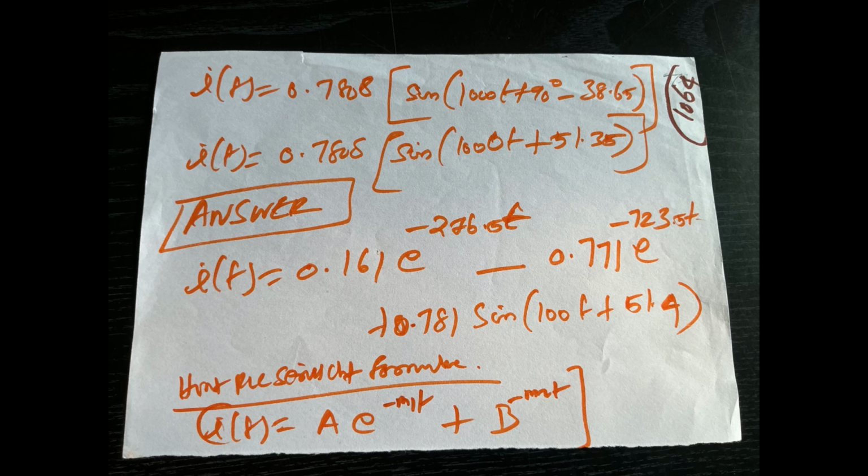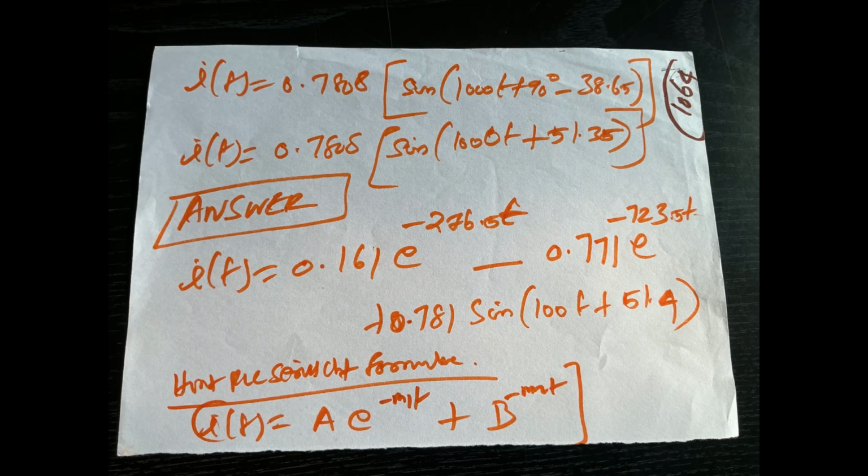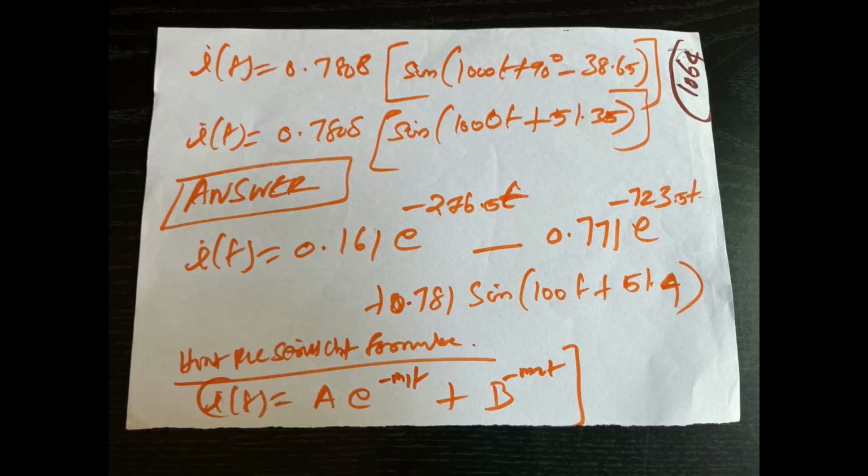Differentiate the above equation, that is, R i(0+) plus L di(0+) by dt plus 1 by C integral of i(0+). Differentiating, we obtain the equation i(t) is A into some number into e power minus m1 t plus B into some number into e power minus m2 t. We apply the condition at t is equal to 0 in the di by dt equation.